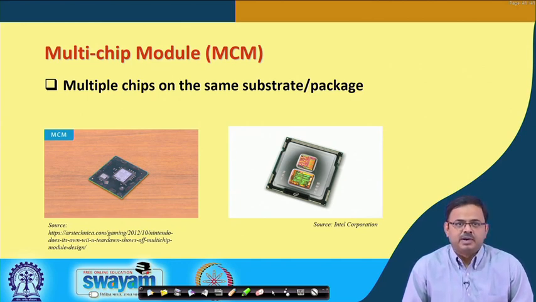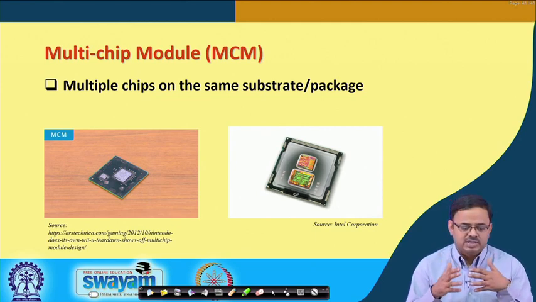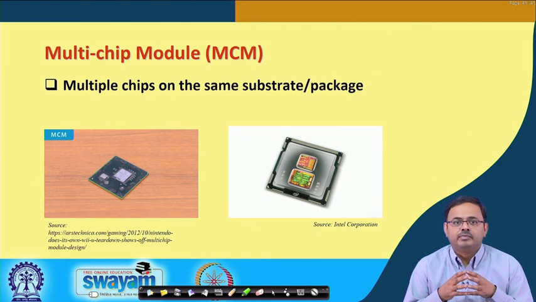Okay, the ones that you see in the color gray, that is a real picture. Okay, that is a real package with two important components on the same package, and the interconnections between these two components are through the wiring layers in this substrate, which is an organic substrate, FR4, and that is what we see over there. All right.